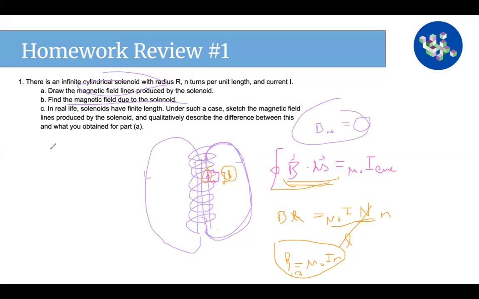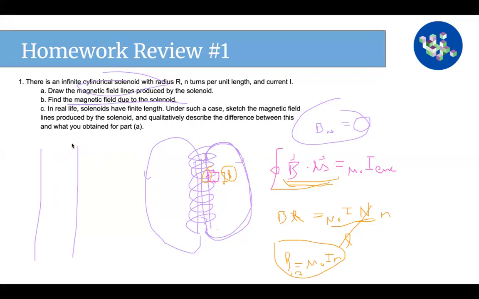So if I look at a cross section, these are the sides of my solenoid. Before, our magnetic field lines were basically straight upwards. But now because it's a finite solenoid, let's say the solenoid ends here and it ends here, right?